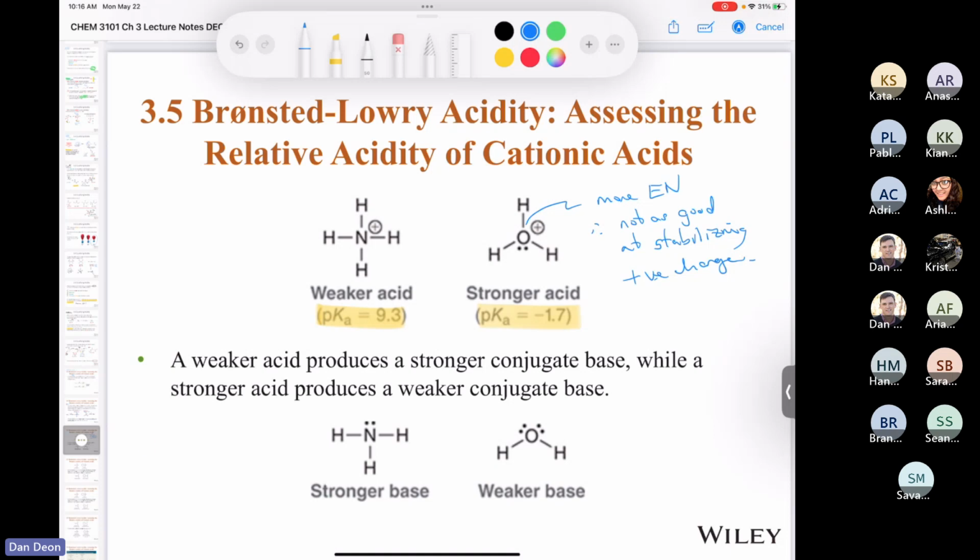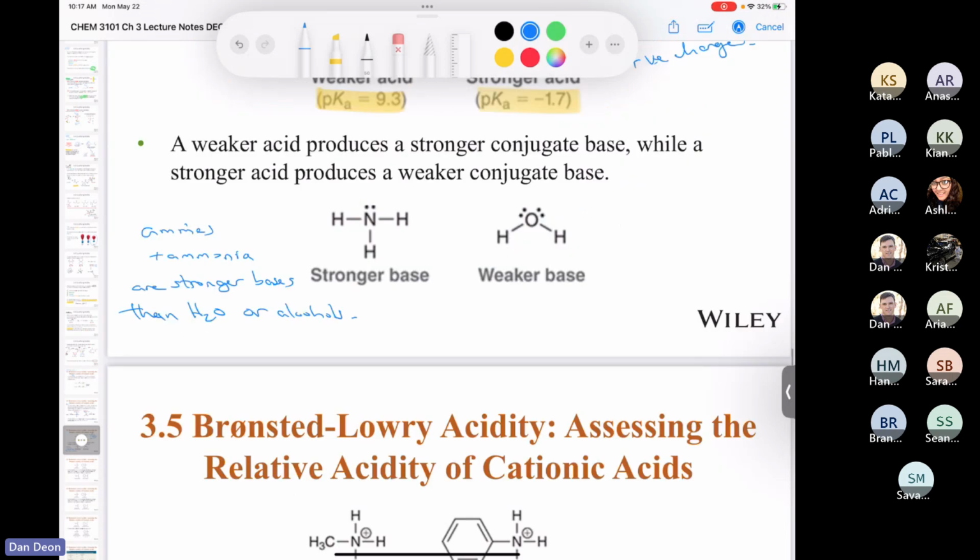And that's why amines and ammonia are going to be stronger bases than water or alcohols, anything with an OH group on it. All right, except for a carboxylic acid, that's another kettle of fish.